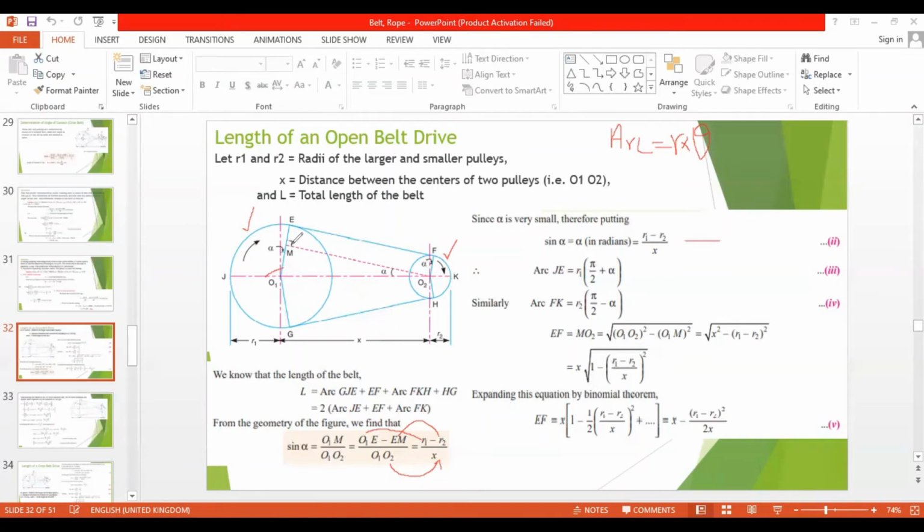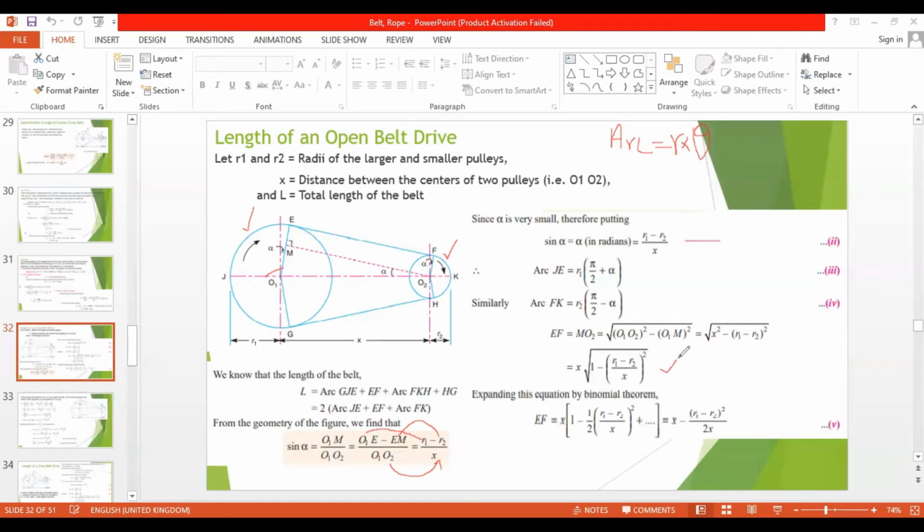O1M we have found: it is R1 minus R2. So R1 minus R2 whole squared. Taking X squared out, this is X into the square root of 1 minus the quantity R1 minus R2 upon X, whole squared. This needs to be expanded by the binomial theorem.